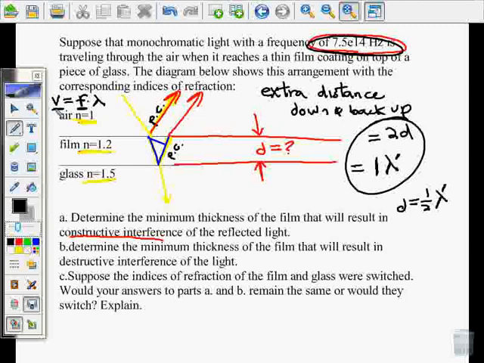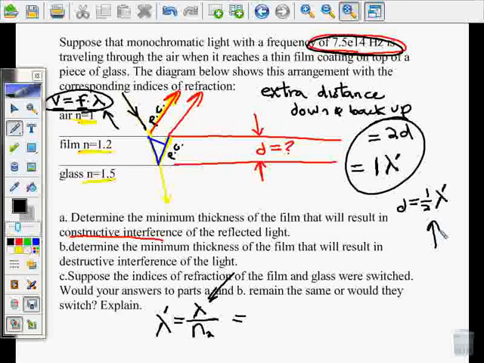So what can we solve this for? Lambda, the wavelength out here in the air, yes? And then remember we derived that formula? Lambda in the new material is equal to lambda originally divided by the n in the second material. So if we put the lambda that we got here right into there, we can get lambda prime, and then come back over here, and we can solve for the thickness.